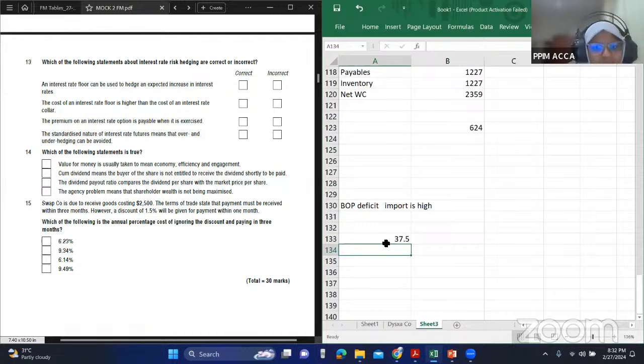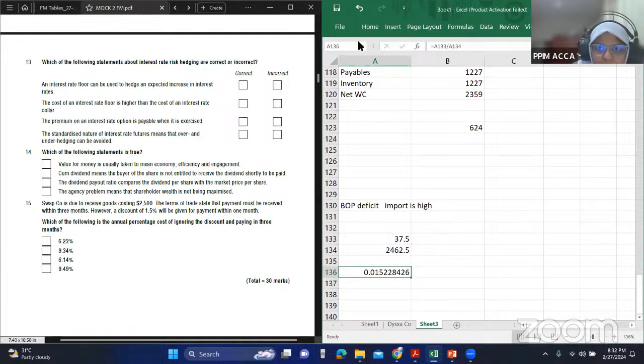Now, if you take the discount, then the amount that you're going to pay is 2,500 minus this figure, which is 2,462.5. So the discount as a percentage of how much you are paying is this 37.5 divided by 2,462.5.